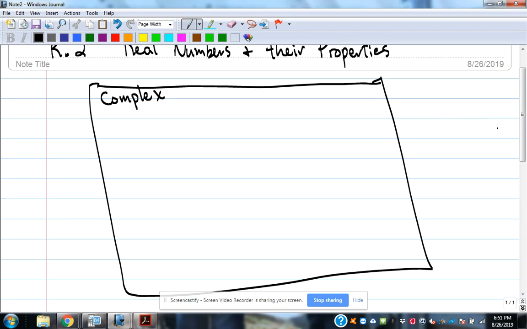Inside of the complex numbers, a portion of that is the real numbers. It's kind of like we drop a wall inside the pool, and this box over here is the real numbers.